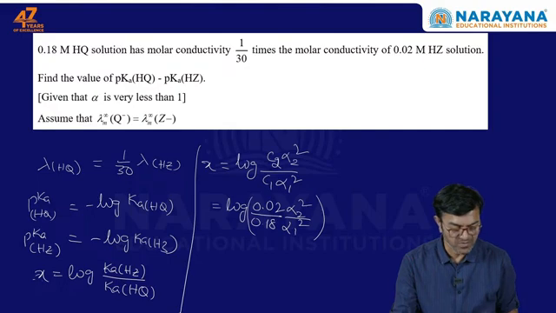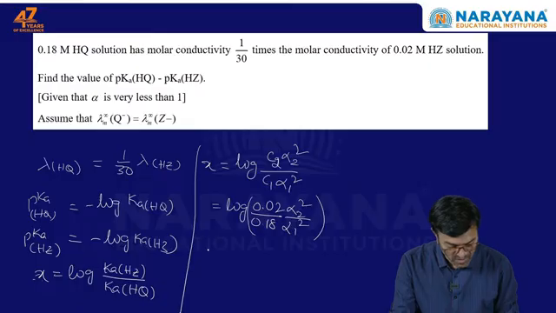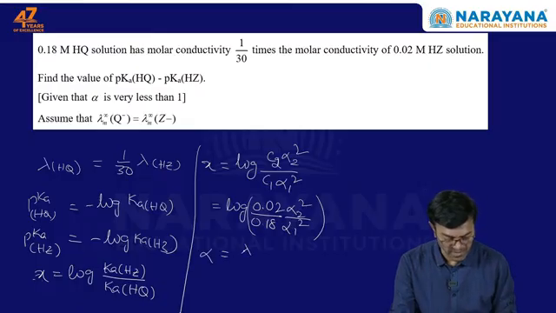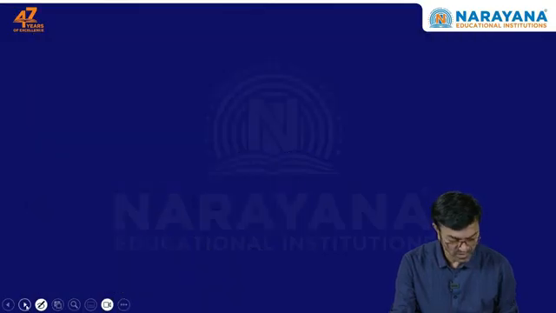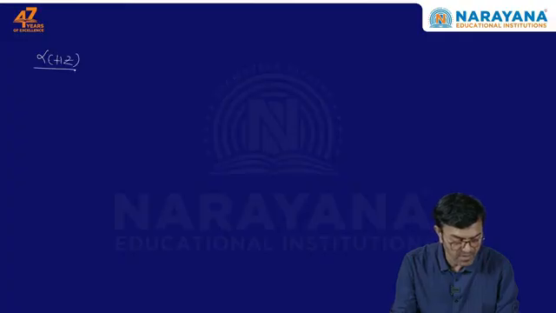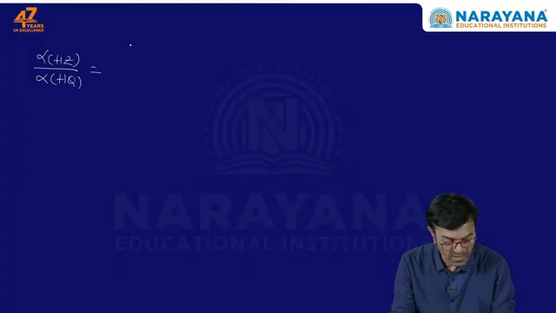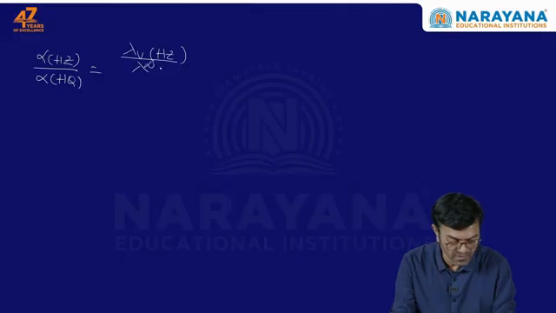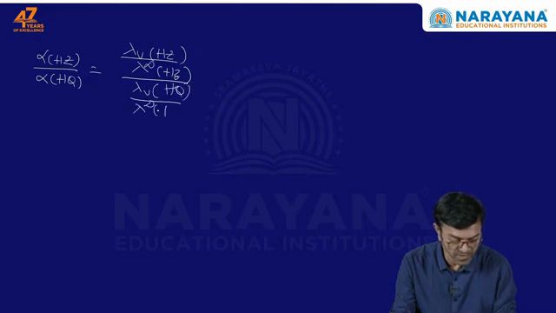And he is also saying that the molar conductivity of HQ is 1 by 30 times the molar conductivity of HZ. So alpha is equal to, as per Kohlrausch law, lambda m by lambda infinity. So alpha of HZ by alpha of HQ will be lambda m of HZ by lambda infinity of HZ, over lambda m of HQ by lambda infinity of HQ.